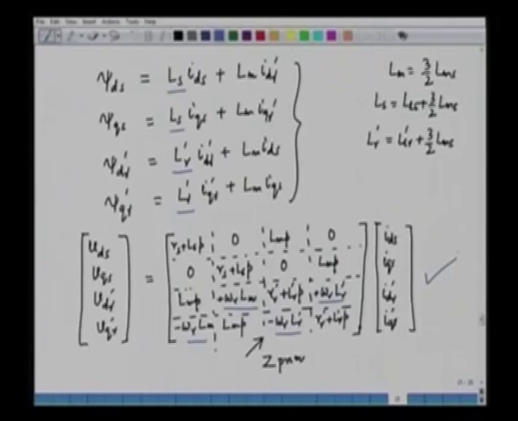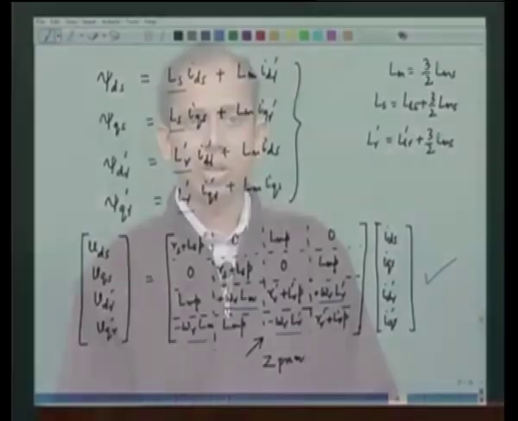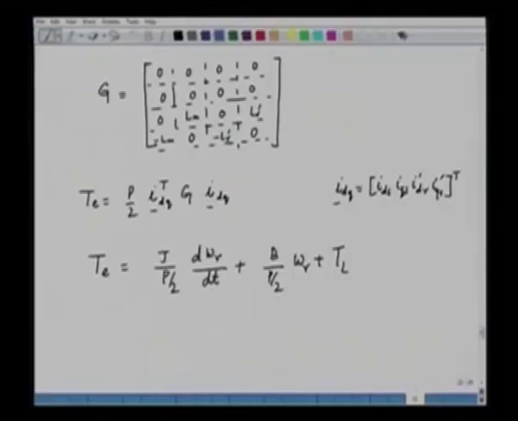In the stationary reference frame, the dq axes are stationary, they are not rotating, and we have the voltage equations here. From these we can find out IDS, IQS, IDR and IQR, and then we can substitute this to find out the torque of the induction machine, and the torque can be substituted here to find out the speed.